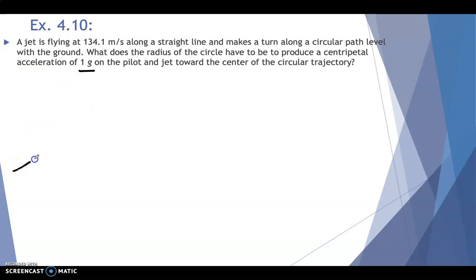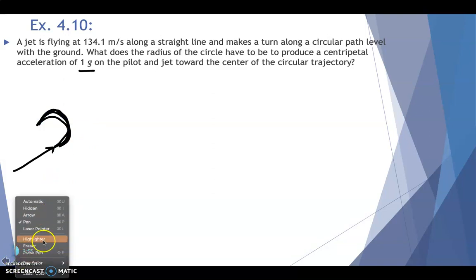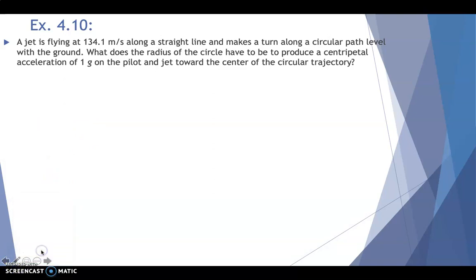Okay, so the jet is flying along and then gradually turns along this line. So they're going, and then it starts to curve, okay?